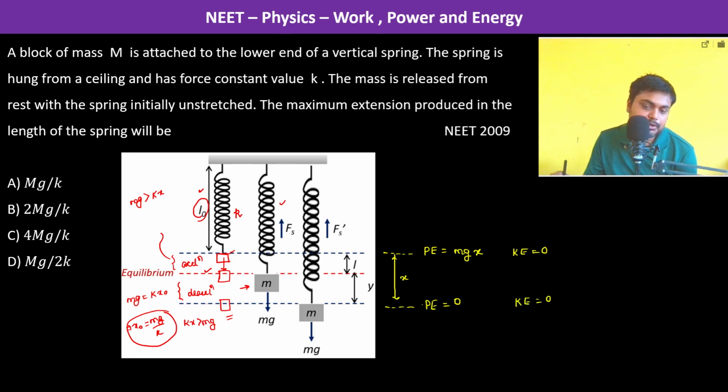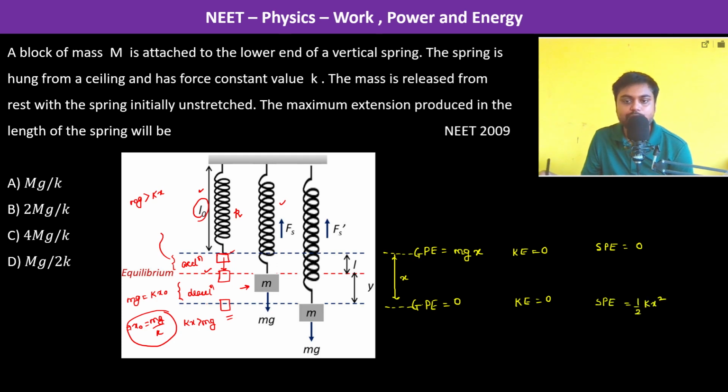The potential energy we are talking about is gravitational potential energy. Also let us talk about spring potential energy, which is 0 here because the spring was at its natural length. There is no elongation or compression. Here the spring potential energy is half kx square.